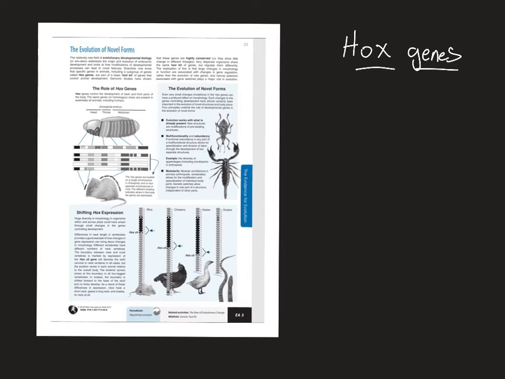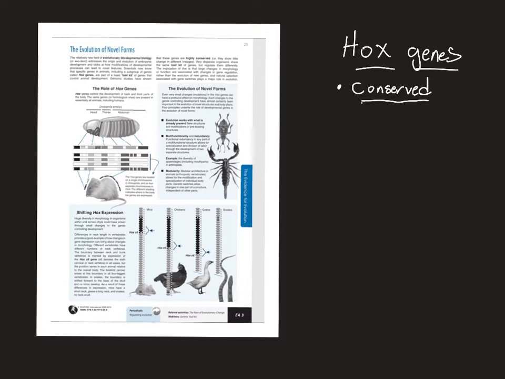What's interesting here is the Hox genes, they are themselves very much conserved. They must be very important because if you remember correctly, the reason that specific genes are conserved from one organism to the other is that it works.